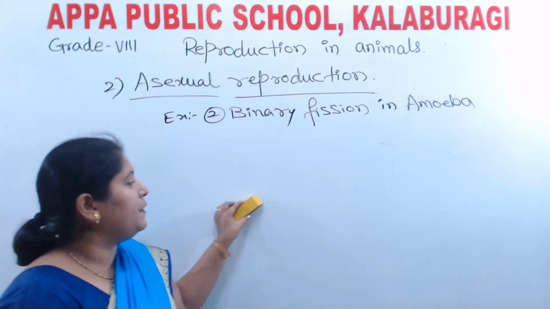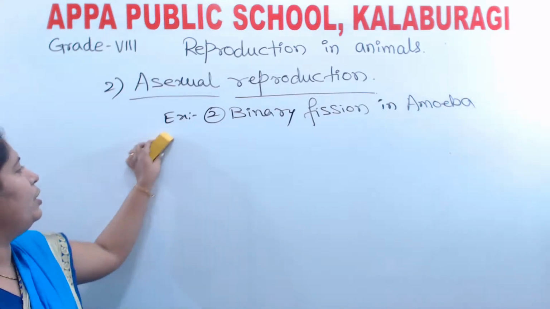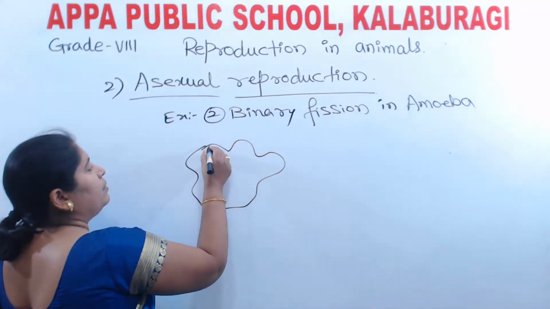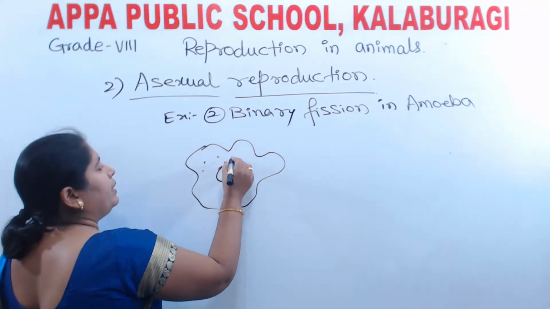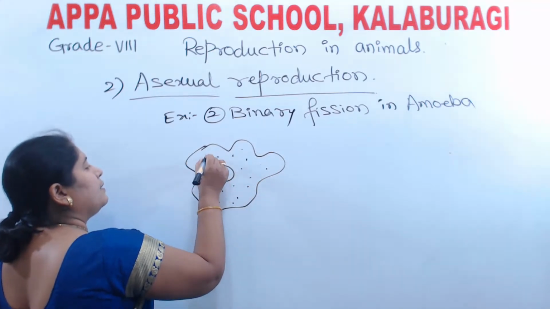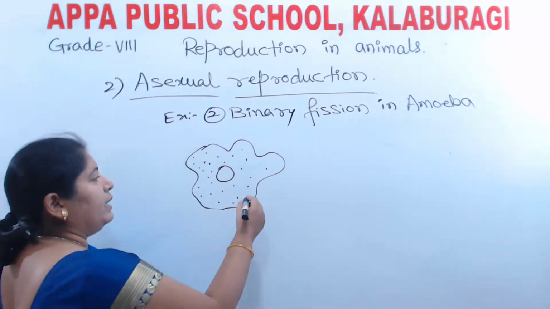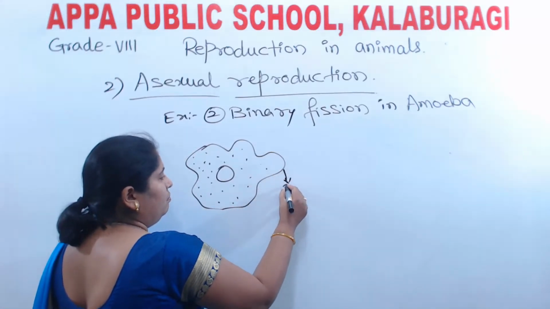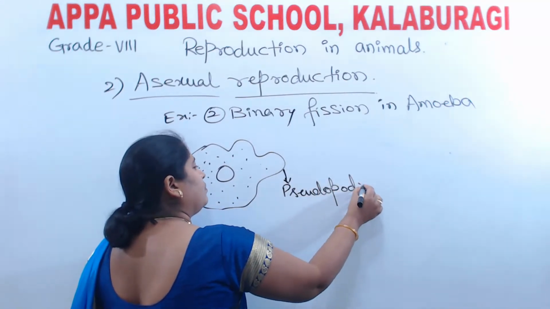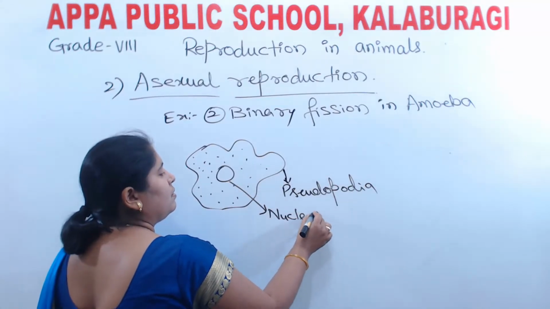So what is this binary fission now? You all know, I think, the structure of the amoeba, which is completely irregular in shape, with a nucleus and cytoplasm. All other organelles of the cell are present as in the animal cell, right? And it has pseudopodia. This is the nucleus, right?